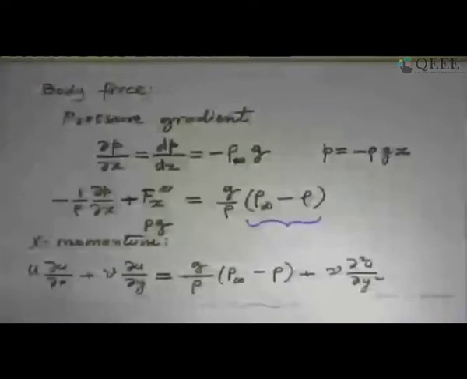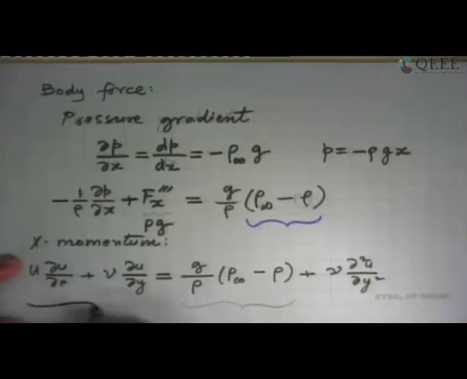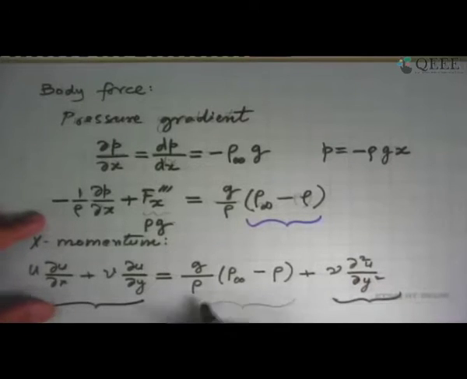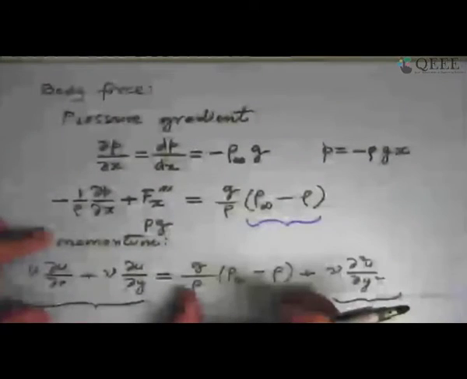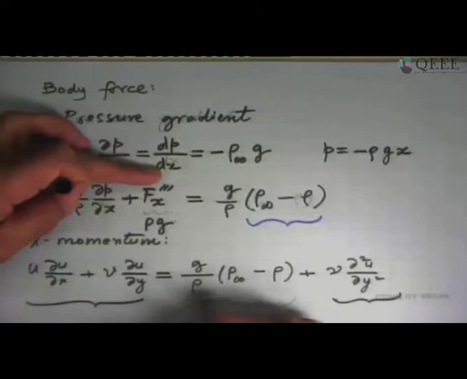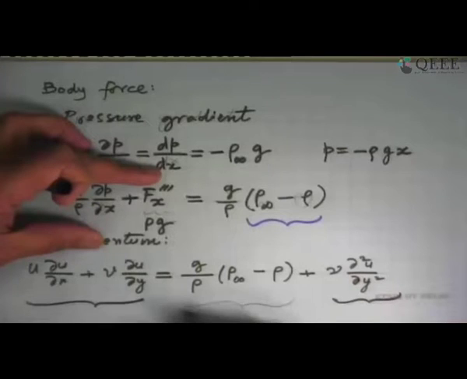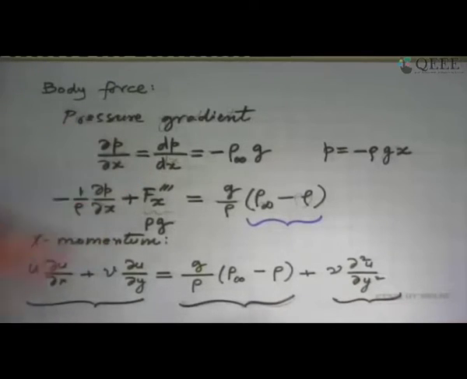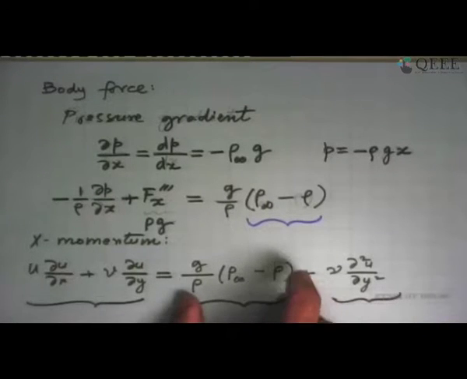And so if we now substitute it back into the x momentum equation, we have the left part, which is exactly the same, nothing has changed here. This part has not changed, but we have now put this term in place of these two terms. So this is equal to G upon rho, rho infinity minus rho, and this is the important thing that has come into this equation. That is making life now complicated.